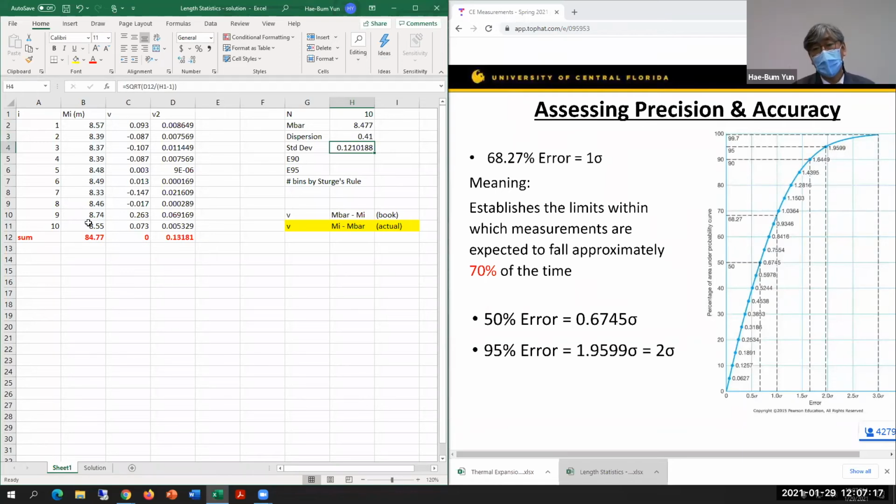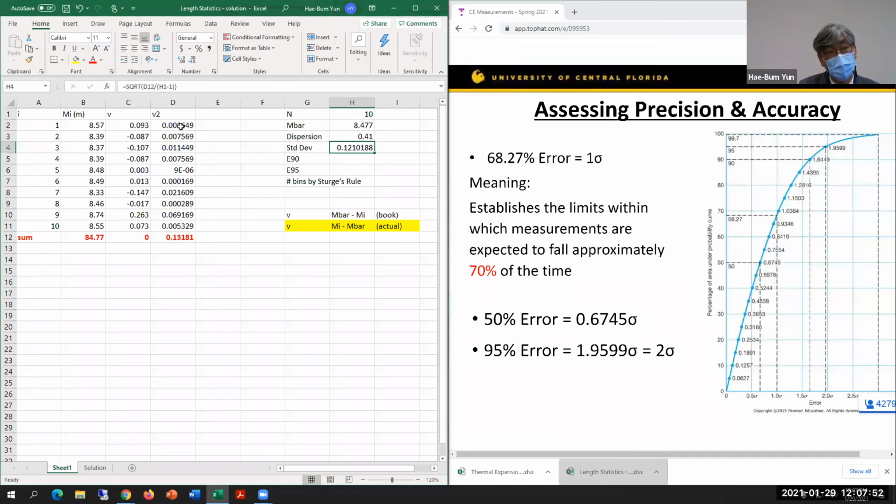No problem. And could you do the standard deviation again? Because it's not working for me. Okay, standard deviation, again, by definition, is the square root of the summation of dispersion square divided by n minus 1, right? So what I did is equal to square root d12, which means this one.